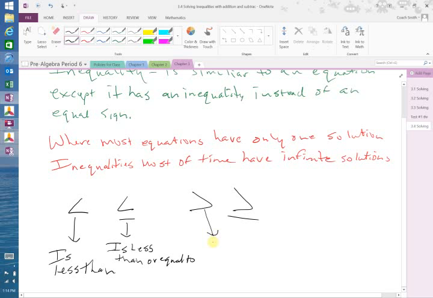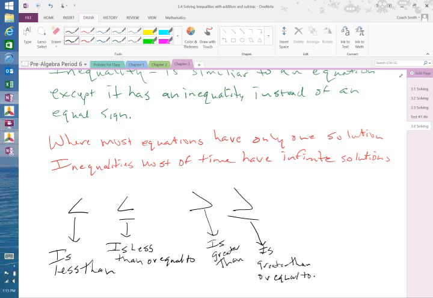This one is greater than. This one is greater than or equal to. So those are your 4 inequality symbols, and that's how we say them.